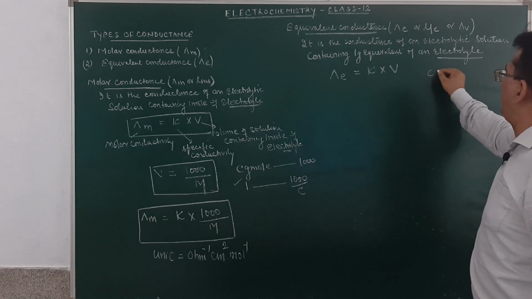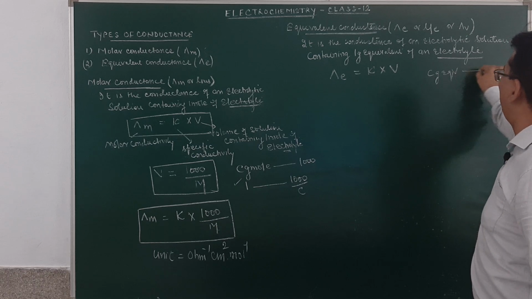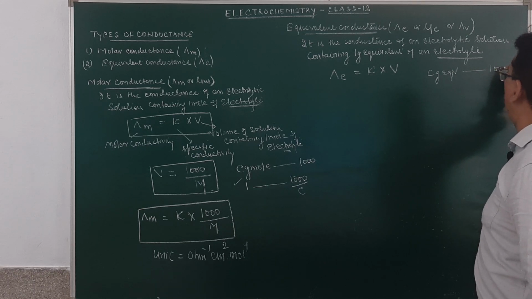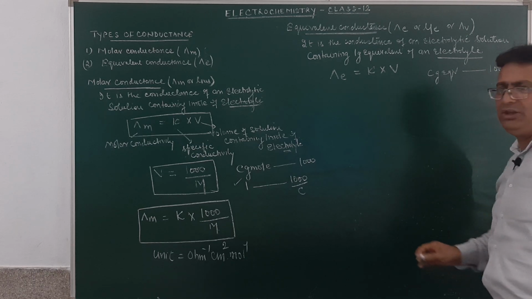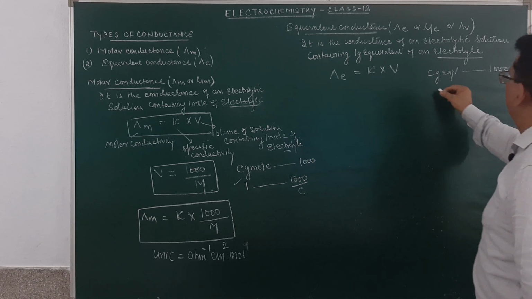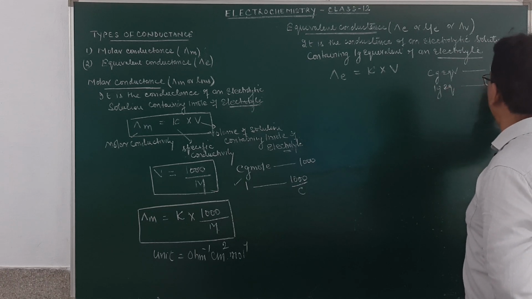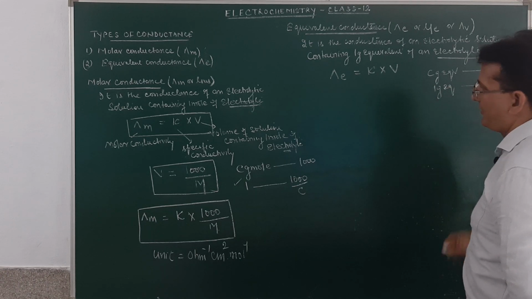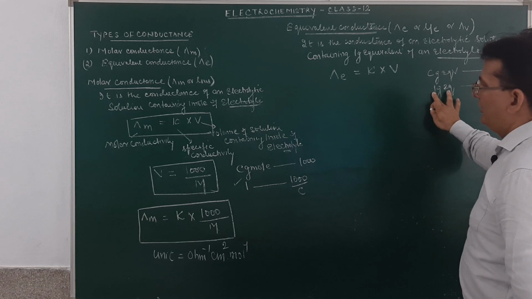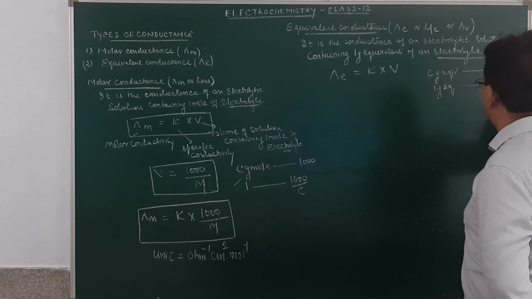If C gram equivalent of electrolyte are present in 1000 ml of solution, meaning 1 liter, then 1 gram equivalent of the electrolyte will be present in 1000 upon C.